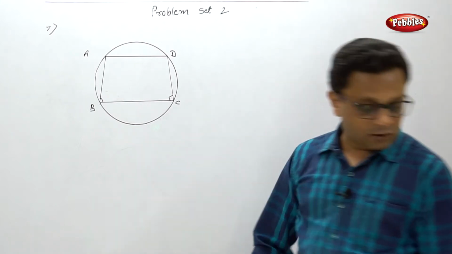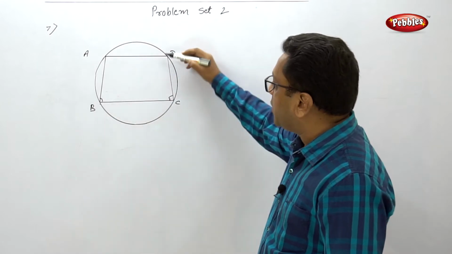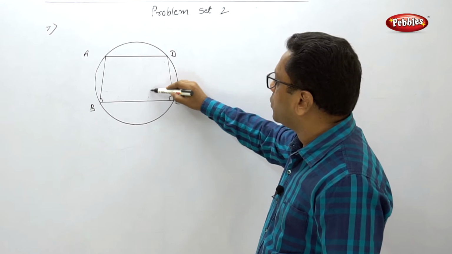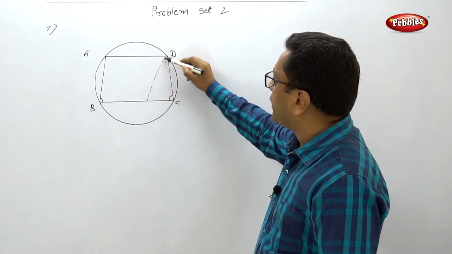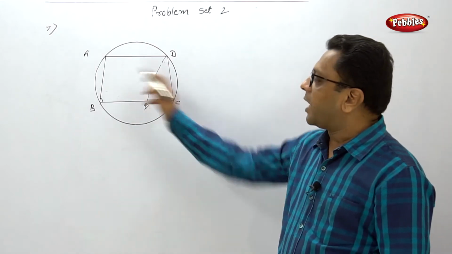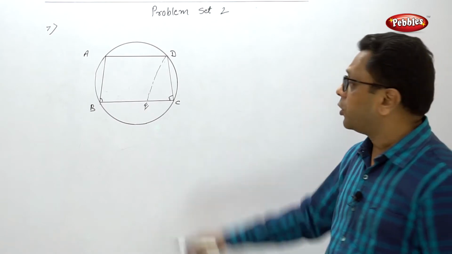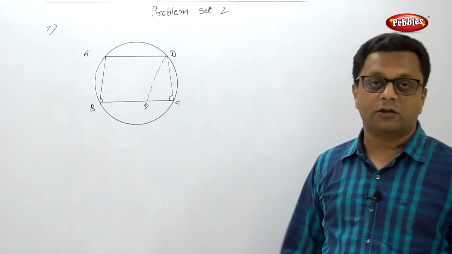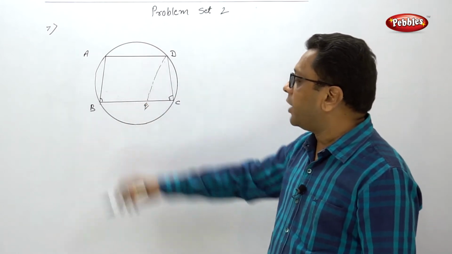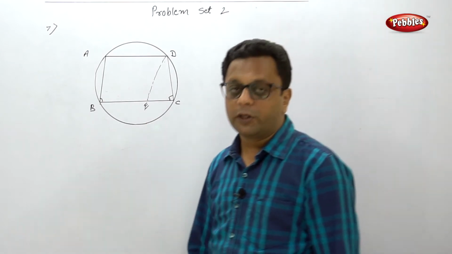Now the construction: I will draw a line parallel to AB passing through D. So let us say that this line is parallel to AB. This is our construction. You have to write what is given and what you are constructing. Write down the construction: construct DE parallel to AB so that B, E and C are collinear points.